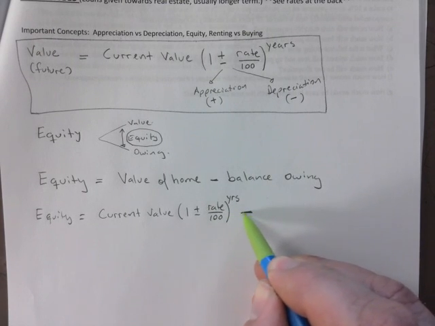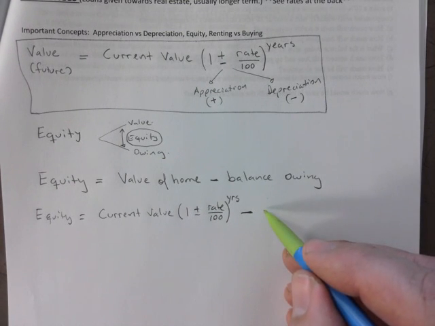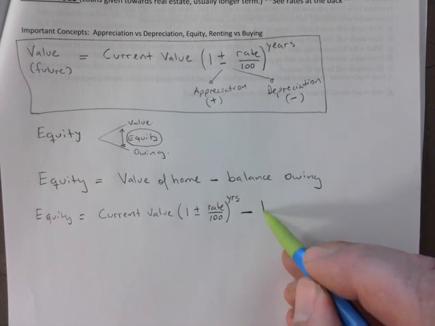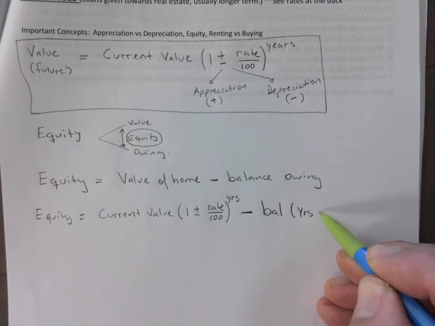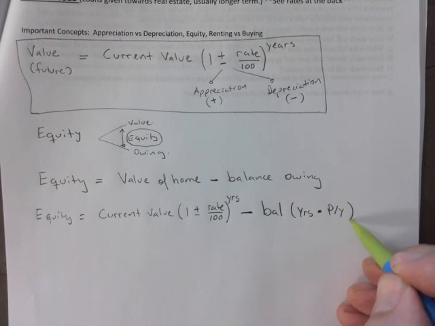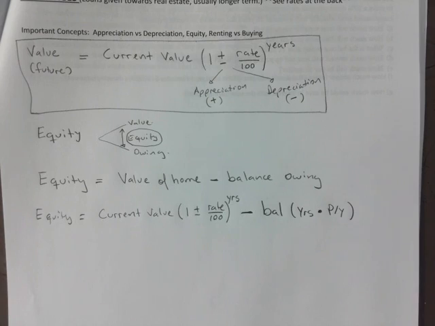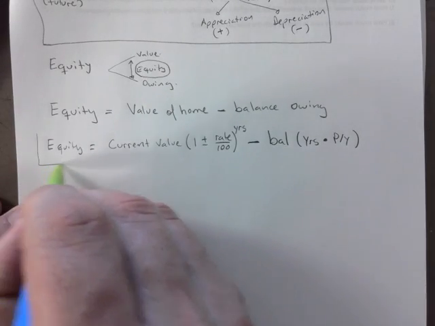Minus balance owing. How do we figure out the balance owing with our calculator, TVM solver? Balance, and then just years times PY. So that stays the same. So this is your big formula for equity that I would like you to have.